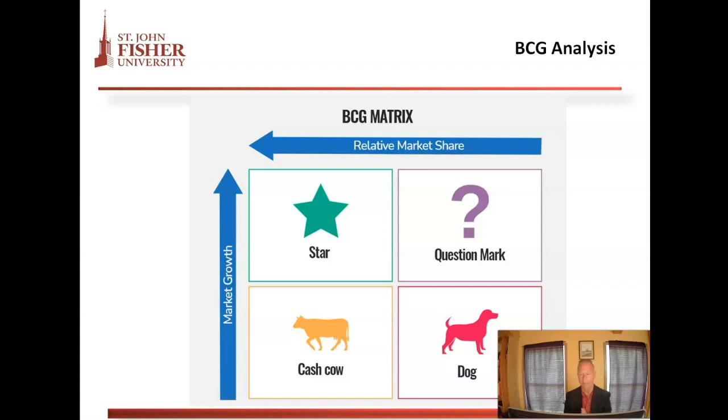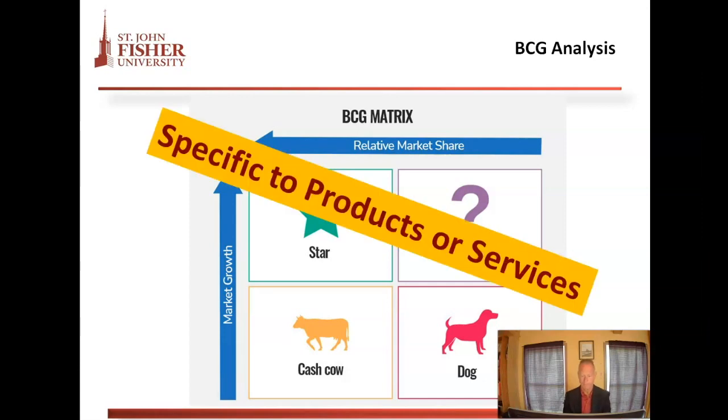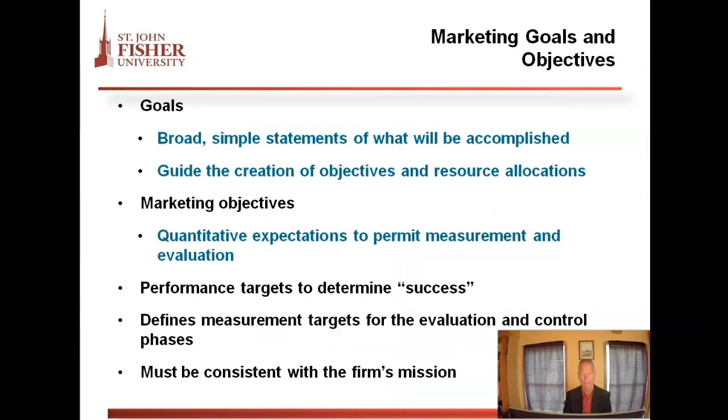Streaming services are growing, but they have a relatively small market share. Cash cow would be their iPhone. And then a dog would be their iPod. Remember, a BCG matrix is specific to products or services within the organization. It doesn't talk about divisions. It talks about products or services related to the organization.